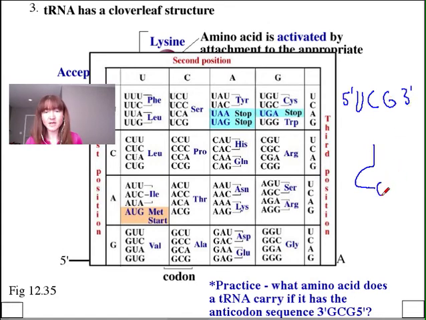So this would be G, C, and then U, and then the rest of our tRNA. So then that would pair with the codon in the mRNA, and that would be G pairing with C, C pairing with G, and U pairing with A.